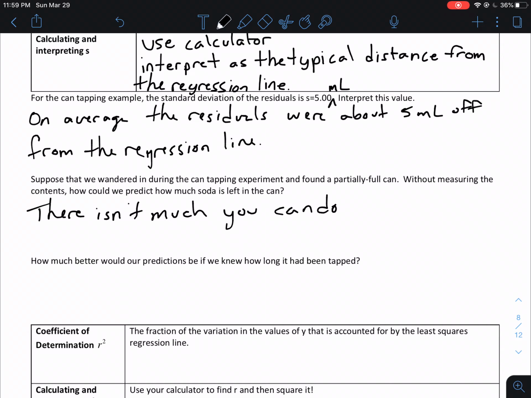You really need to know how much time the can was tapped for in order to make any sort of prediction about how much soda was left. So then how much better would our predictions be if we knew how long it had been tapped? Well, now we can use our regression line to predict how much was in the can.